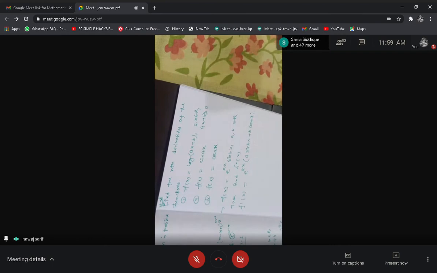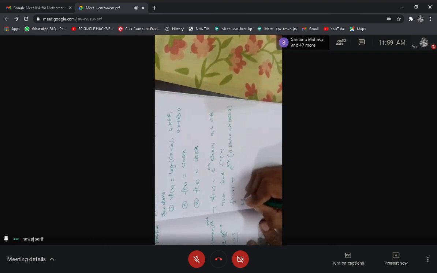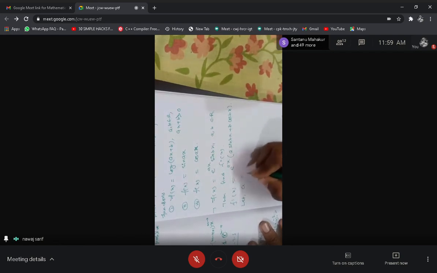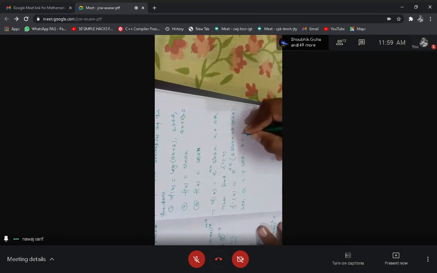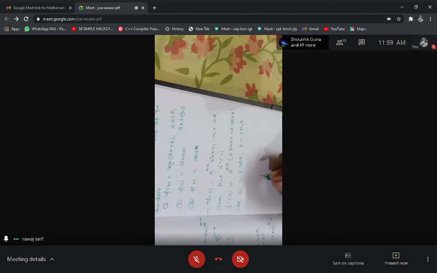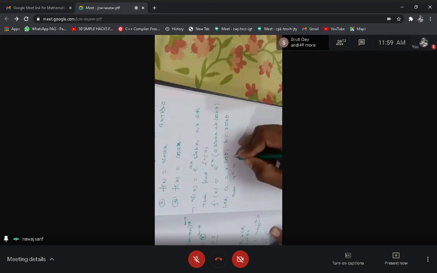Now for simplification of this function, assume that a equals r cos theta and b equals r sin theta. Then what is r square? r square is a square plus b square.